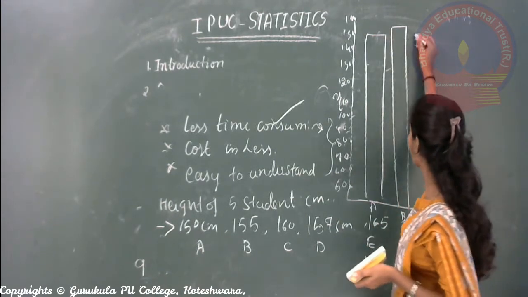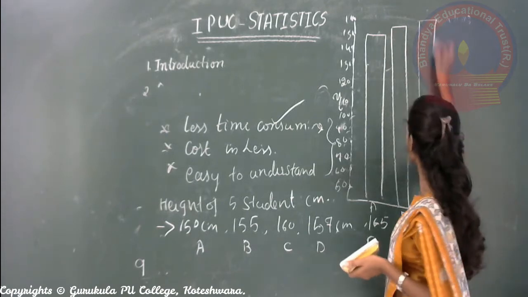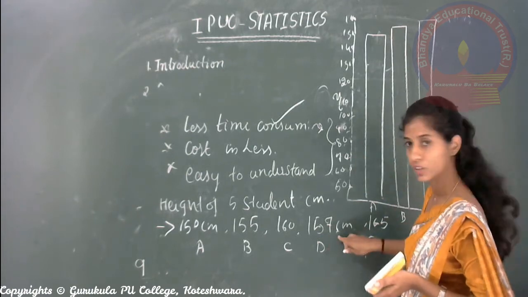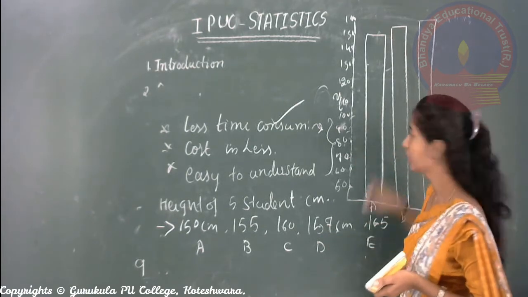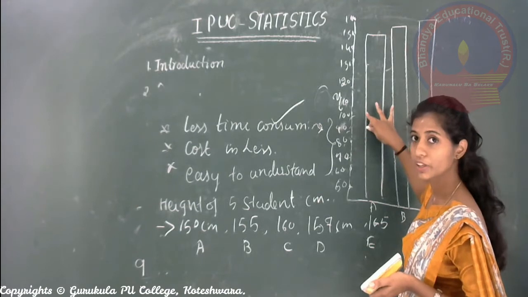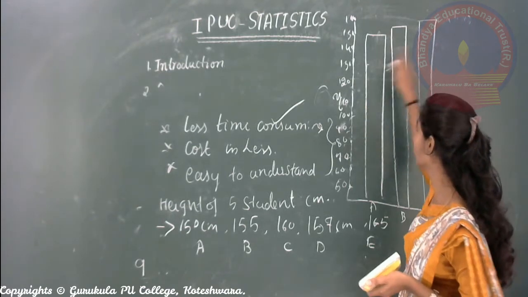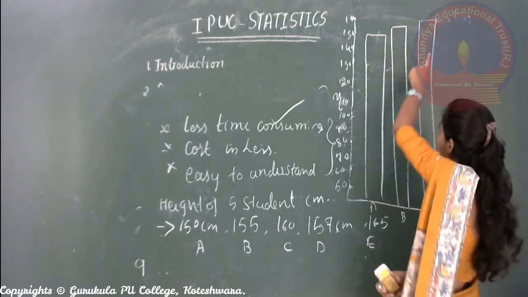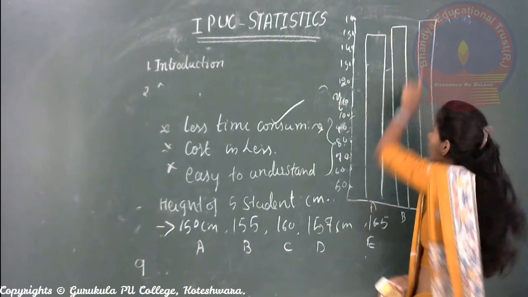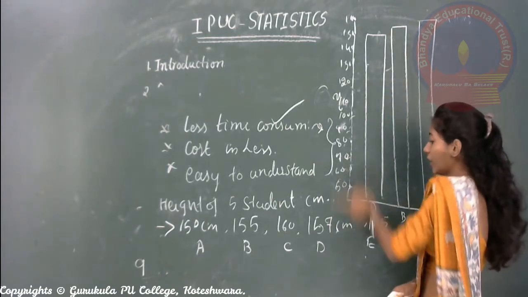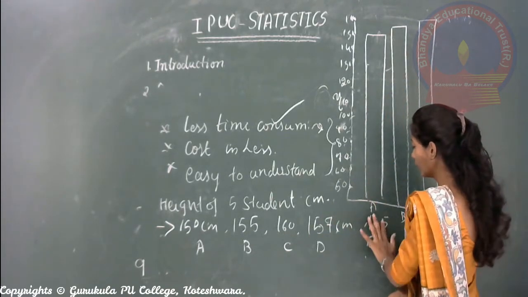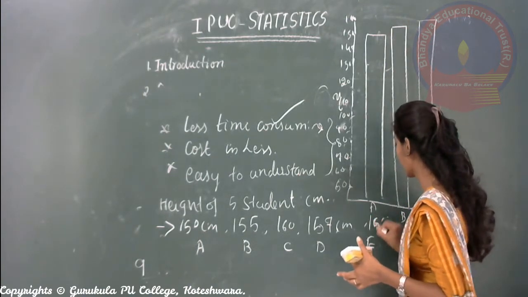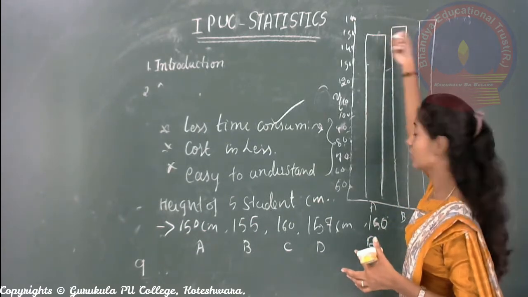At the same time you can represent the third student's height, C. You can compare it like that. You can also represent student D and E height. That is why you can compare one student to another. By looking at these bars which I have drawn here, you can clearly say that C is having more height, C is having the highest, C is the tallest person.